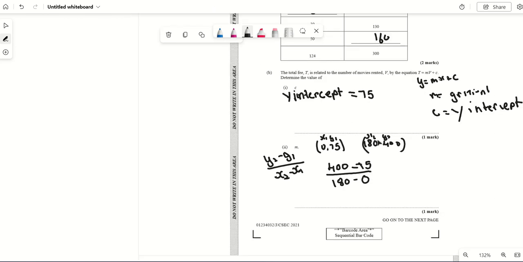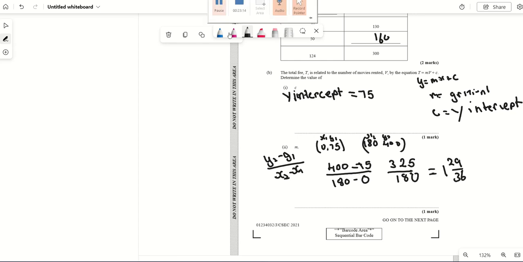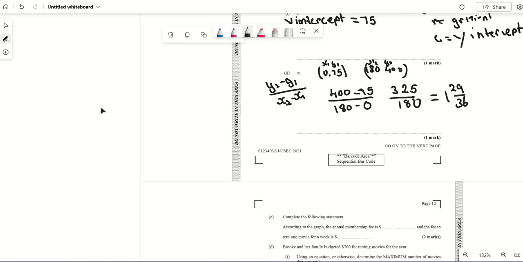So 400 minus 75 is 325 over 180. When you find your gradient, this is your gradient, 129 over 56. And that would be it for this question.